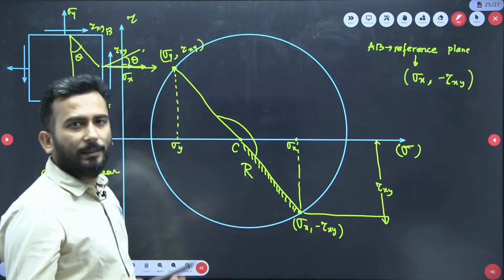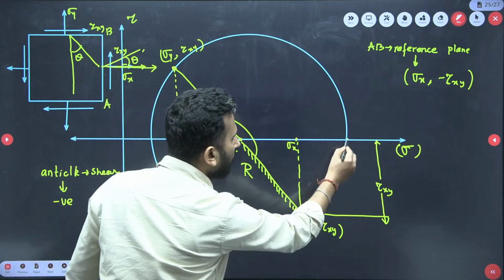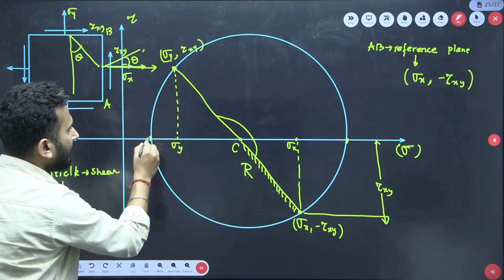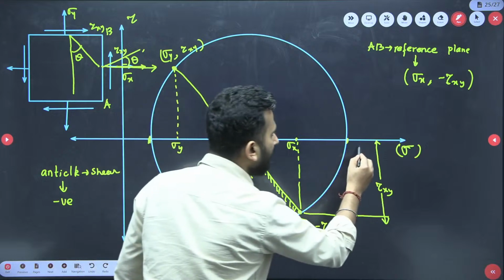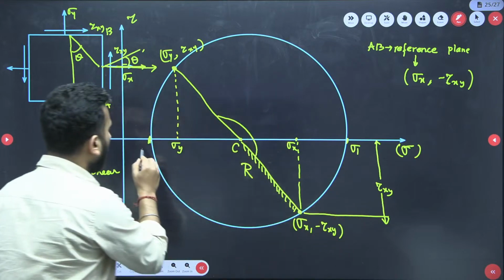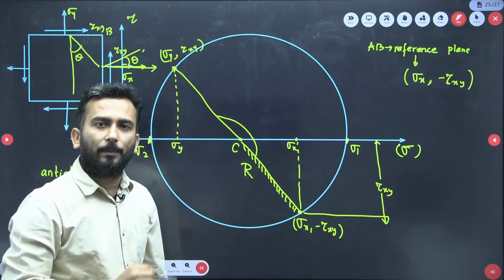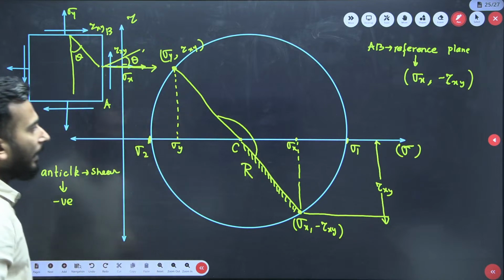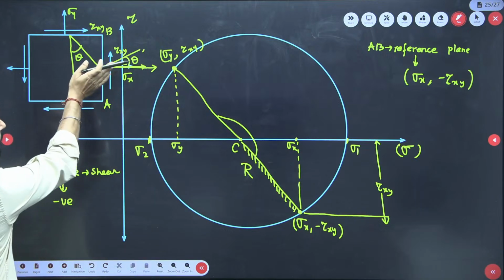Obviously, plane represents theta and stress represents the value. I can see 2 points, one is this and one is this, where shear stress is 0, so automatically that will become my sigma 1 and sigma 2, the major and minor principal stress.